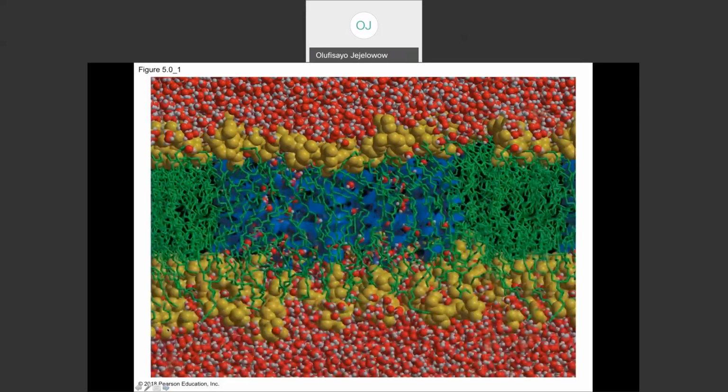This slide shows you a model describing what biological membranes look like, which are so essential to the functioning and survival of a living cell. As discussed in the previous chapter, they are made of a phospholipid bilayer. These yellow phosphate heads and the green fatty acid tails spontaneously respond in an aquatic environment.